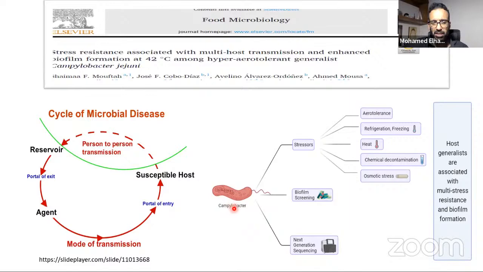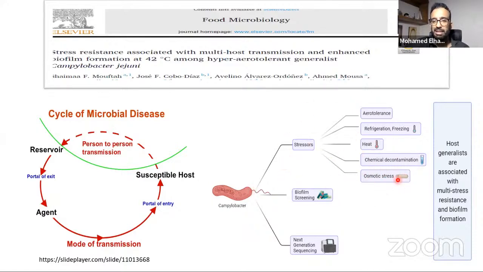So we thought maybe this bacterium had made some kind of evolution and become more resistant to different stress conditions. So we subjected this bacterium to different stress conditions, like oxygen, which is aerotolerance, refrigeration and freezing, heat, chemical contamination, and osmotic stress with sodium chloride.